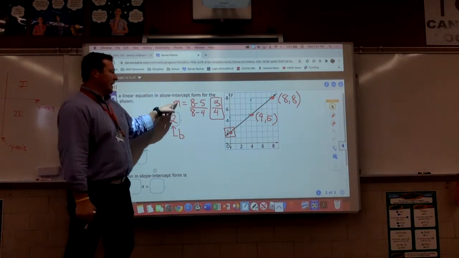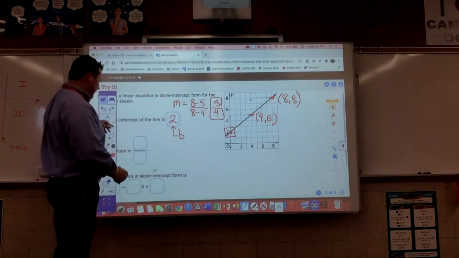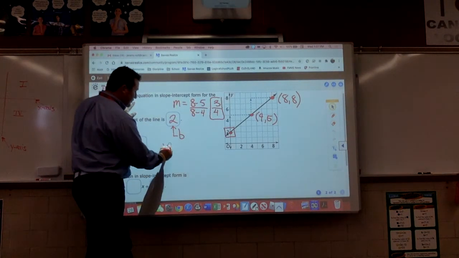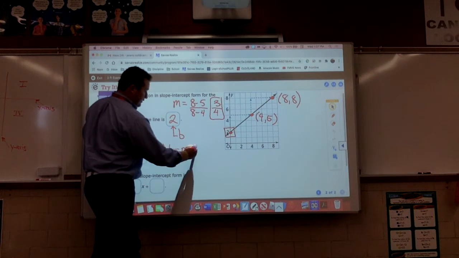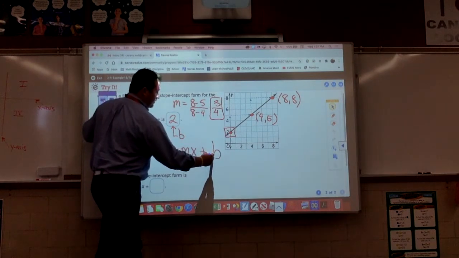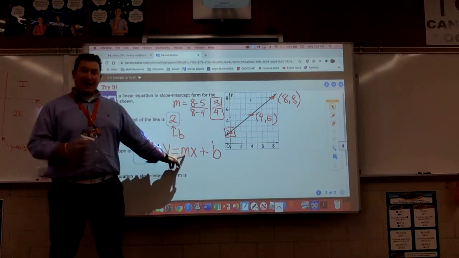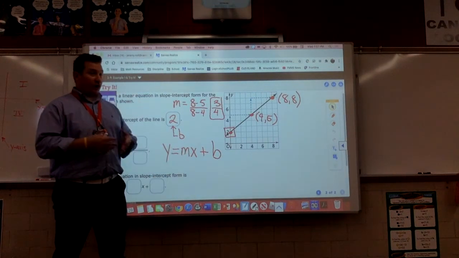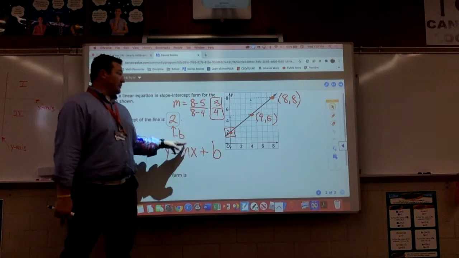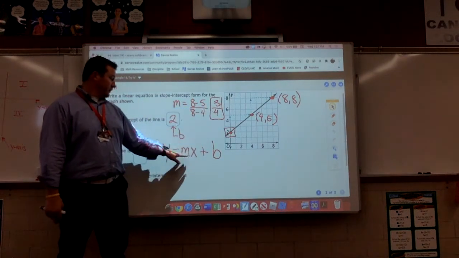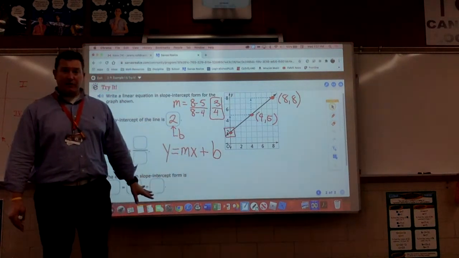We know our m value is 3/4. The last thing we have to do is put it all together. Just like we did in 2.7, where we replaced m with that slope, we're going to do the same thing here. So m is going to turn into 3/4. X and y stay where they are, people.